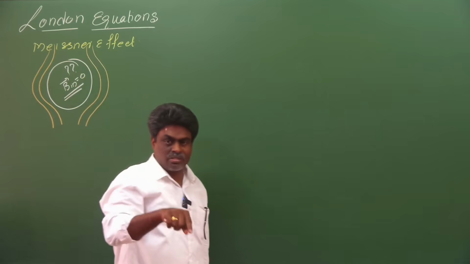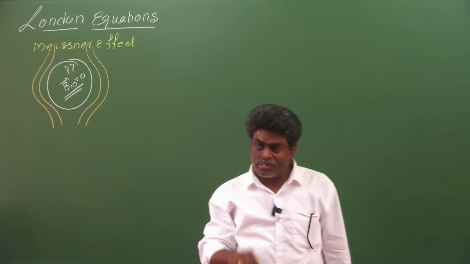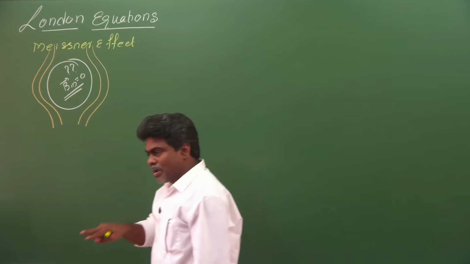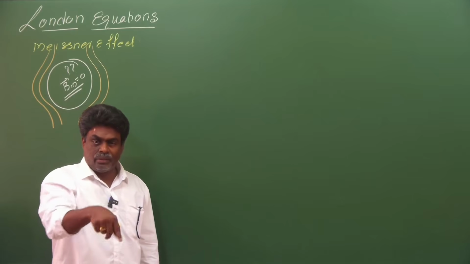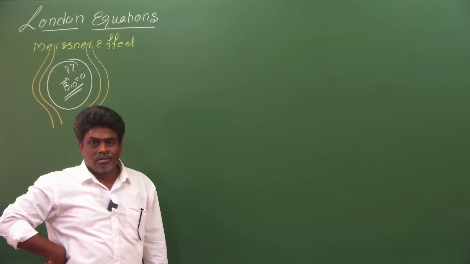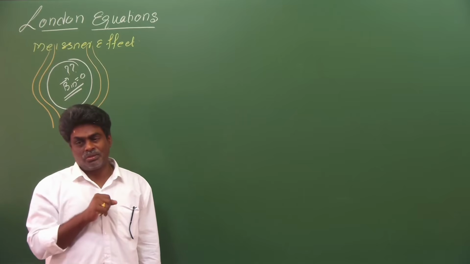What does Maxwell's equation say? Rate of change of magnetic field induces electric field, rate of change of electric field induces magnetic field. Why is it becoming 0?